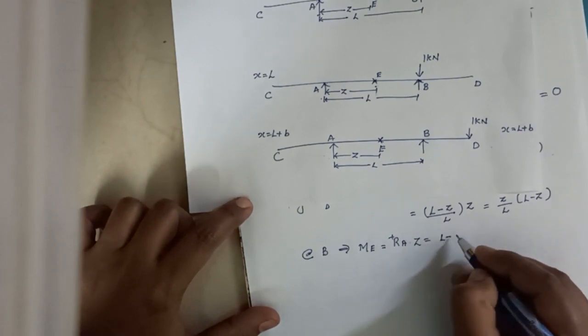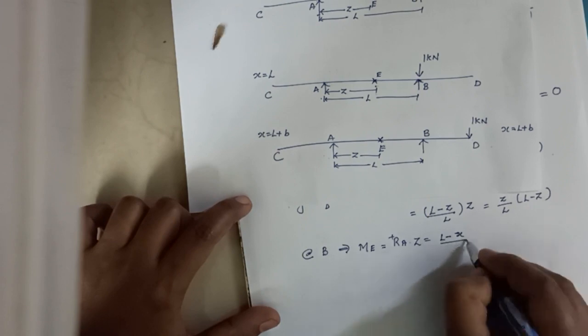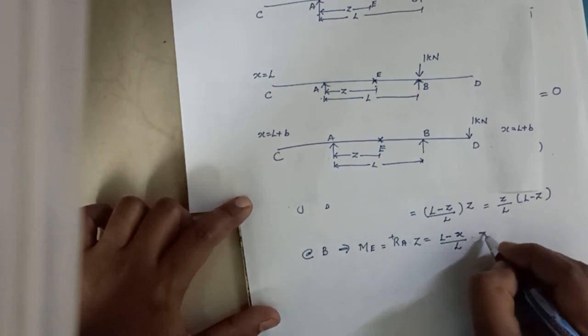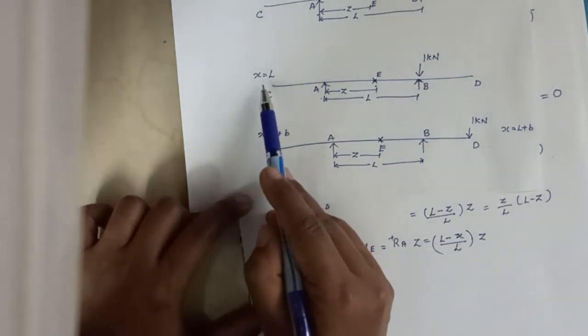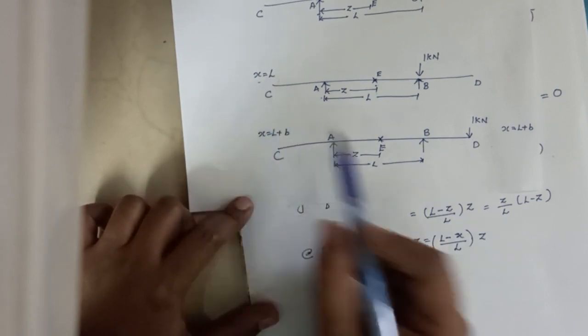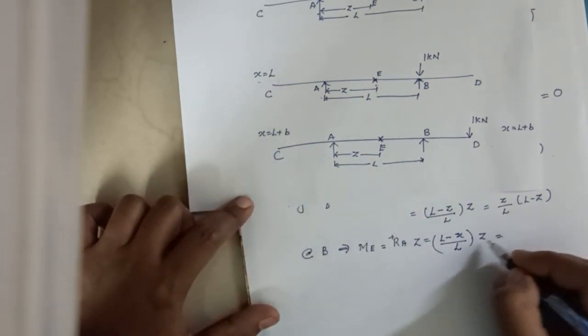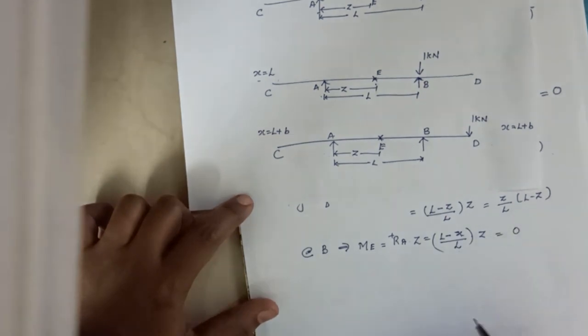So (L minus x) by L into Z. Here x is equal to L. Therefore L minus L by L, which is equal to 0.